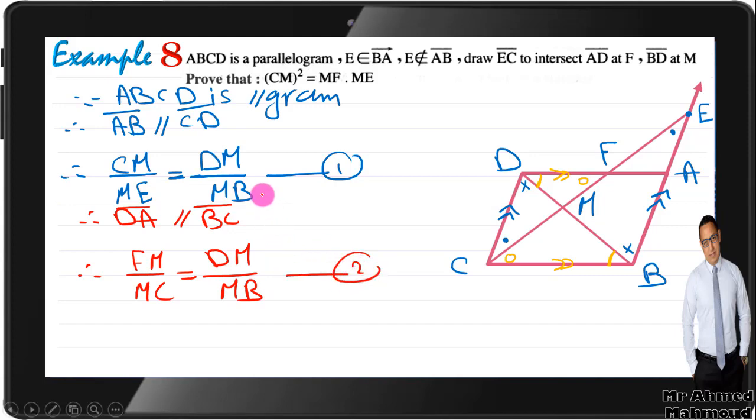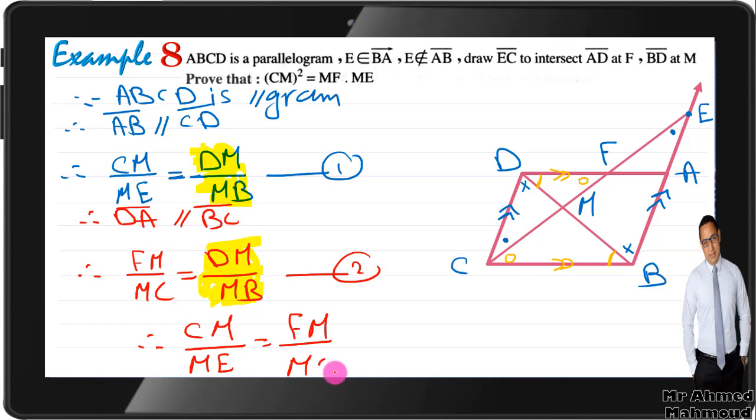By looking carefully at 1 and 2, we find here this ratio DM over MB, and also the same ratio here. Okay, from 1 and 2, therefore DM over MB, therefore CM over ME equals FM over MC, like this.